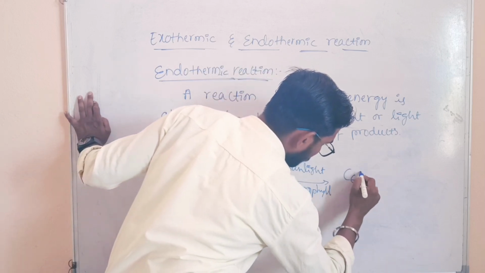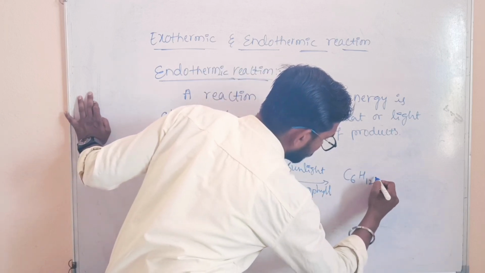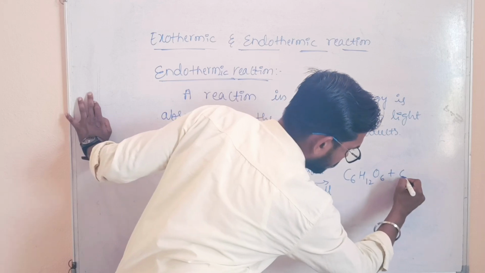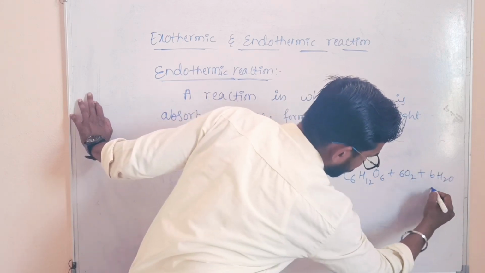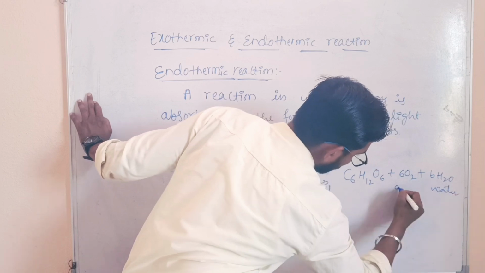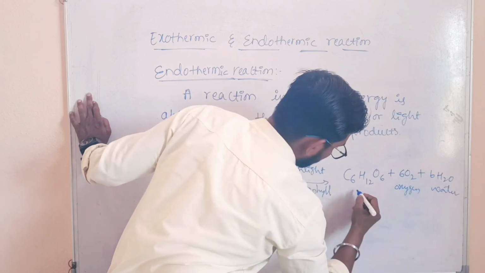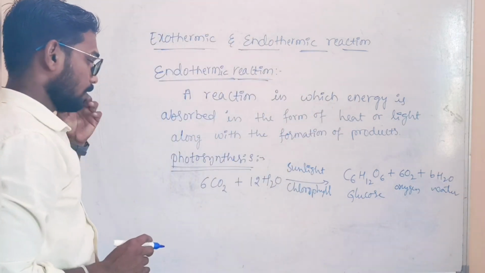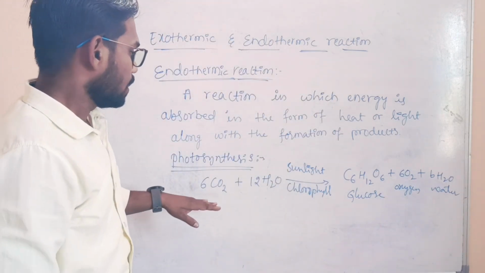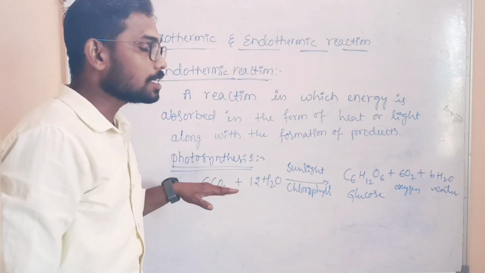It is going to form the glucose molecule plus water molecule. So it is water, oxygen, and glucose. Here what is happening means the photosynthesis reaction.